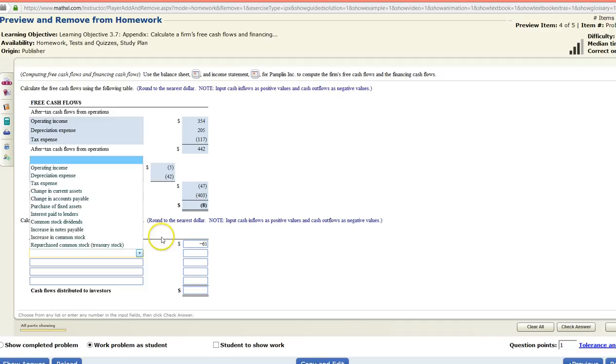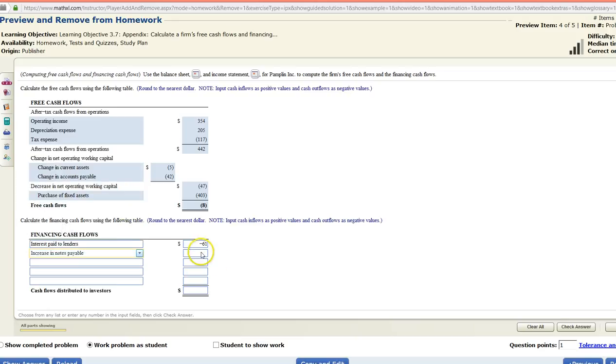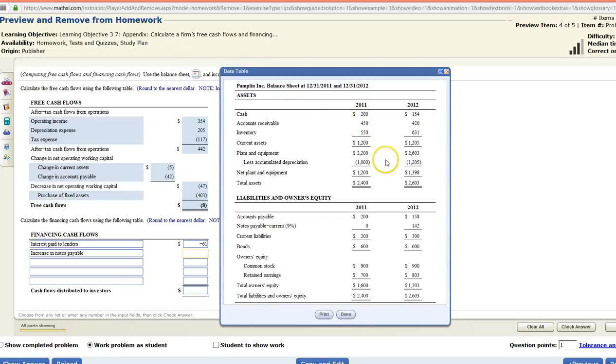And then we need to take care of the increase in notes payable. Going back to the balance sheet, notes payable last year is 0. This year is 142. So their difference is 142.